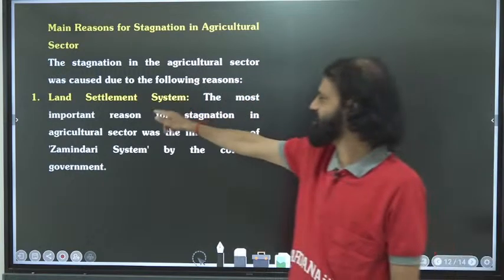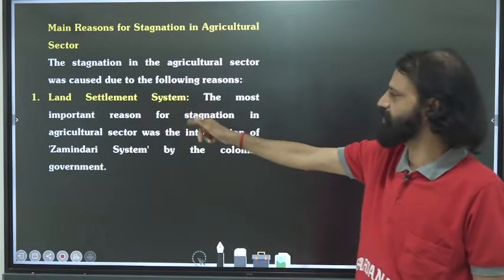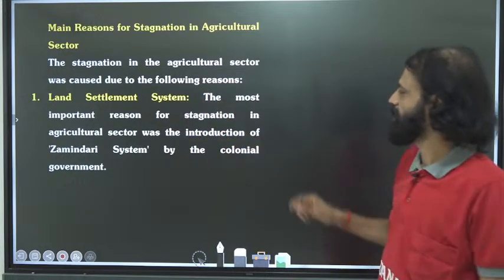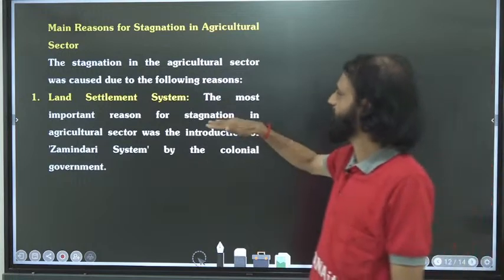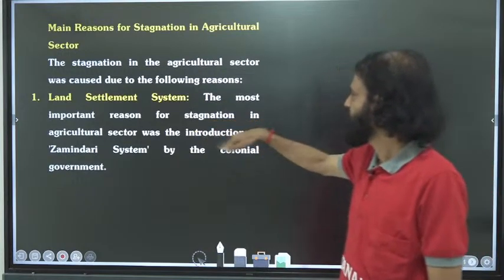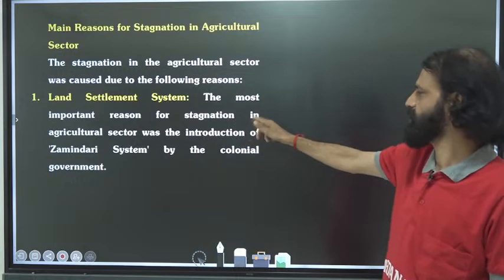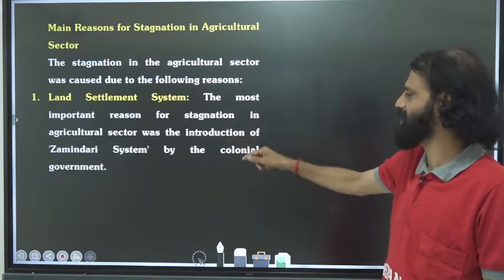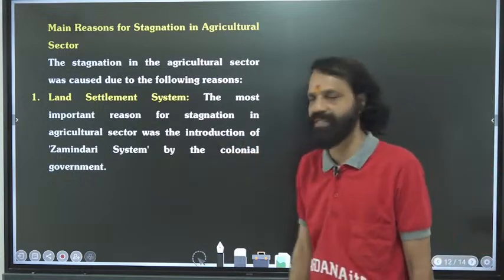First was the land settlement system. You need to remember this word, land settlement system. It totally destroyed the agricultural sector. The most important reason for stagnation in the agriculture sector was the introduction of the zamindari system by the colonial government.